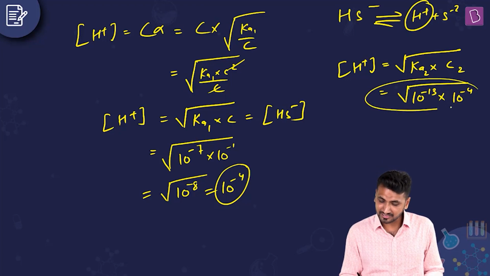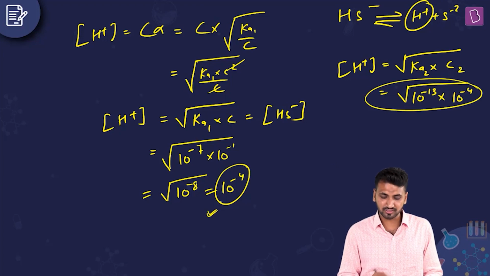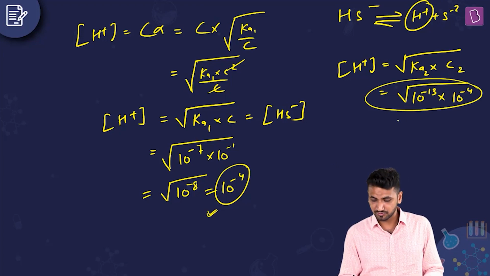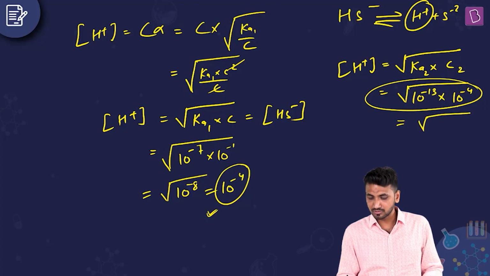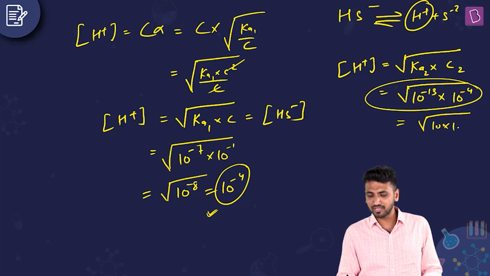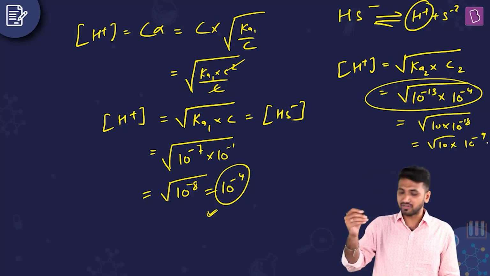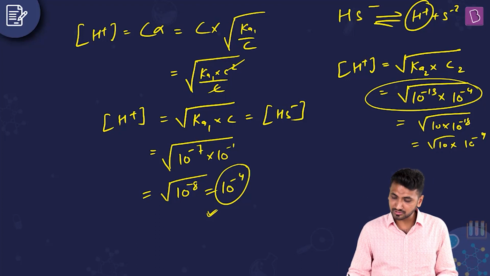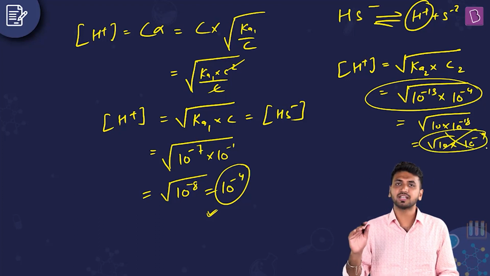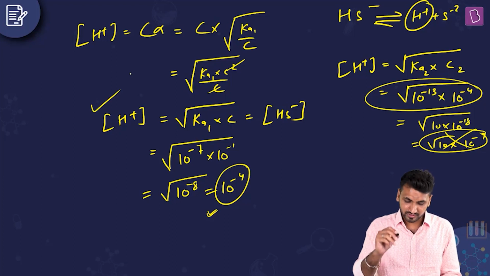You can clearly see that this value is going to be way too small as compared to 10 to the power minus 4 value, right? If you just want to see it further, minus 13, minus 4, minus 17, can I say 10 into 10 to the power minus 18, and this will be like root 10 into 10 to the power minus 9. Now minus 4 and minus 9, way too small. So what I'm going to do is I am going to neglect this value, right? I am not going to take into consideration while calculating the concentration of H plus.